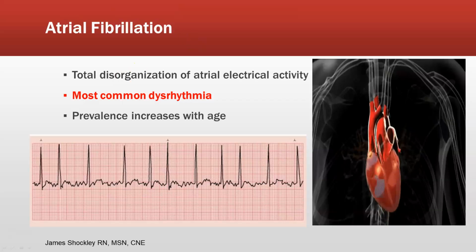Atrial fibrillation, we've said, is the most common dysrhythmia there is, right? I don't get overly concerned about clients until that heart rate probably gets to the 130s, 140s, 150s, right? That's going to be called AFib with RVR, again, rapid ventricular rate or response.